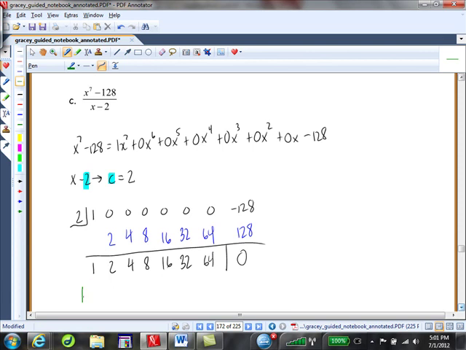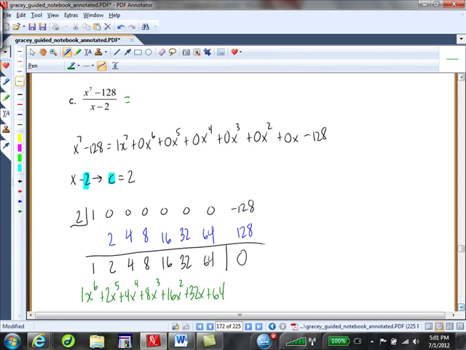So again, this means that we had x to the 7th, a degree of 7. When we decrease that by 1, we get 1x to the 6th plus 2x to the 5th plus 4x to the 4th plus 8x to the 3rd plus 16x squared plus 32x plus 64.